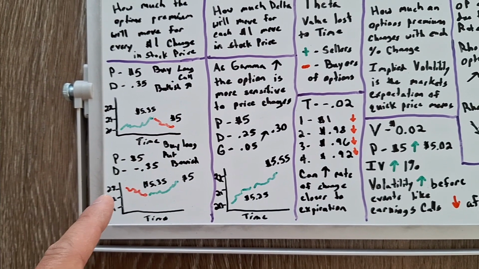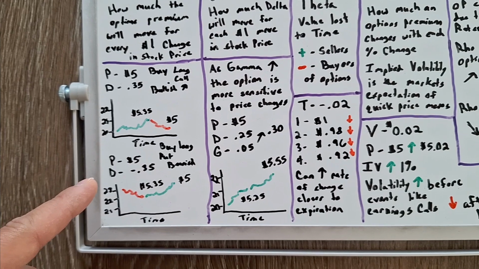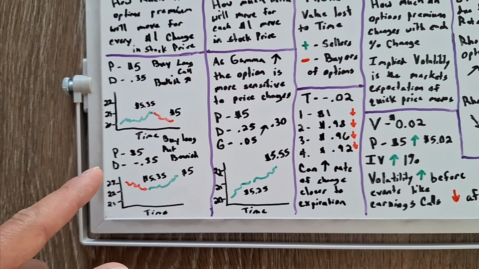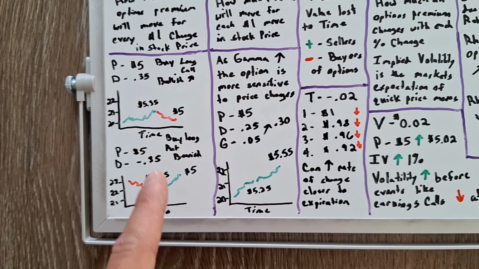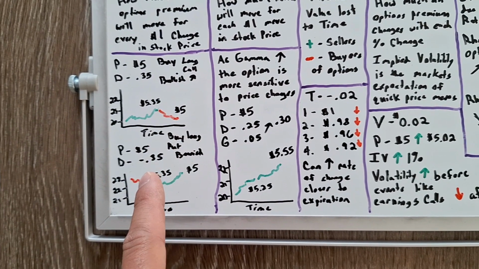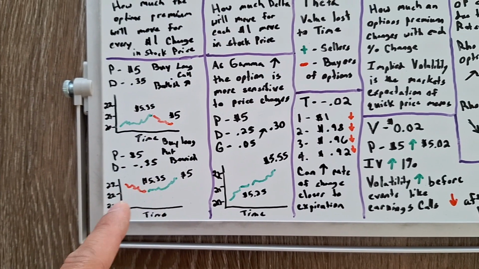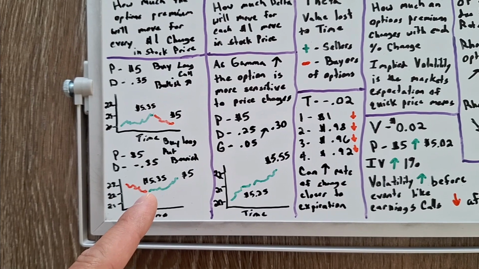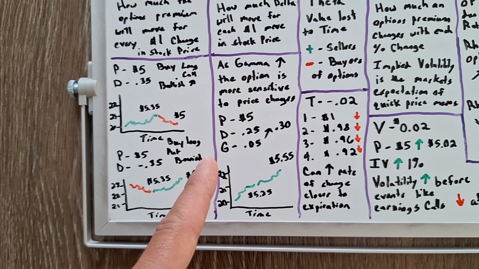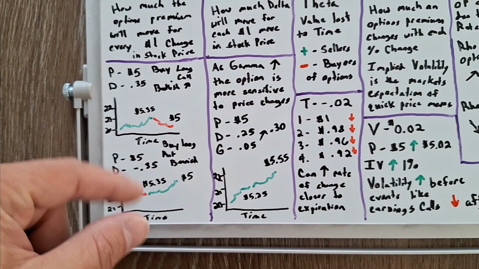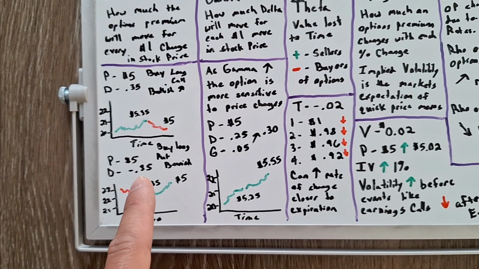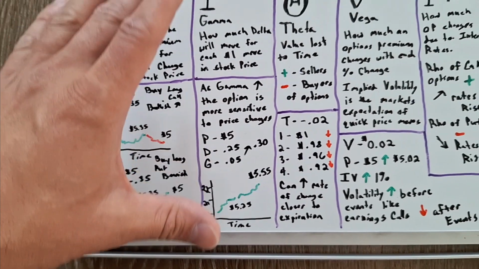So if your stock price is $23 and it decreases to $22, your options premium will increase by 35 cents. Same thing, if your stock price increases from $22 to $23, your options premium is going to decrease by 35 cents. So this is delta.